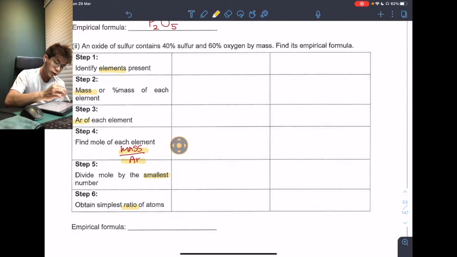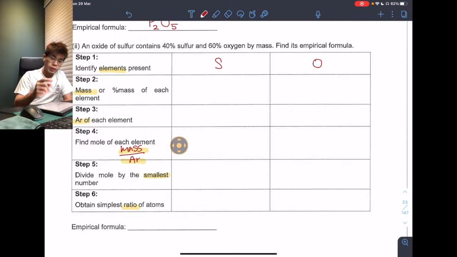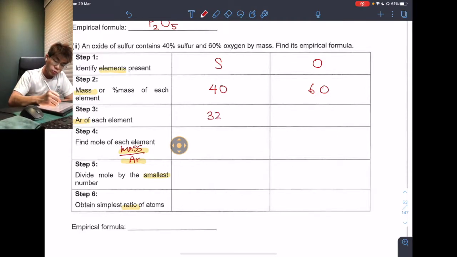The two elements present are S and O. For percentage, just use the percentage. Don't need to worry about converting. So this is 40 and this is 60. Remember AR, not MR. So this is 32, this is 16.